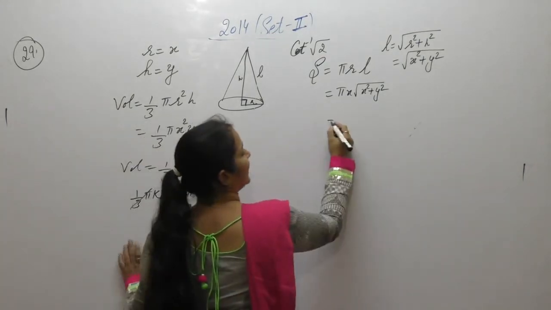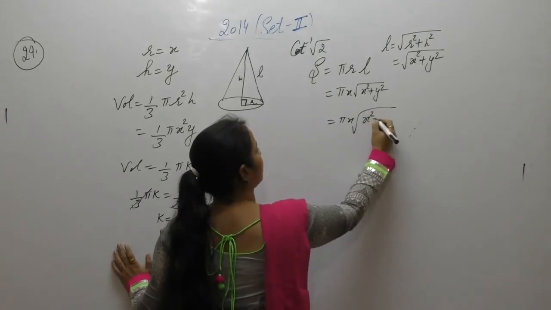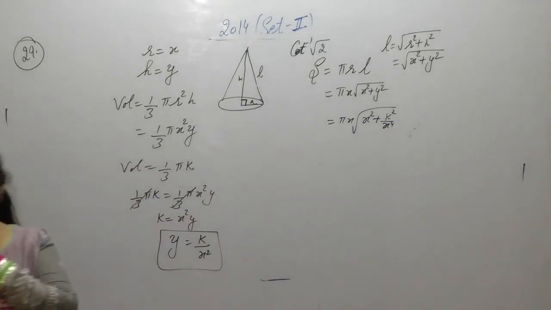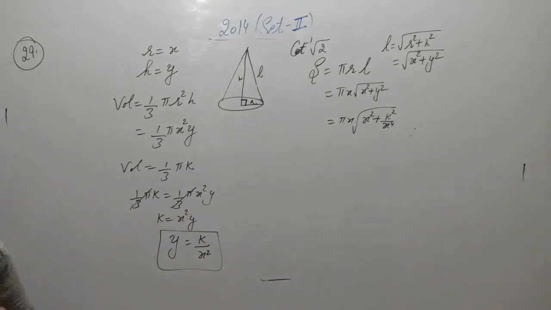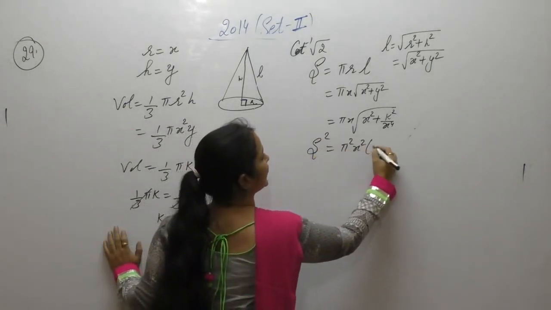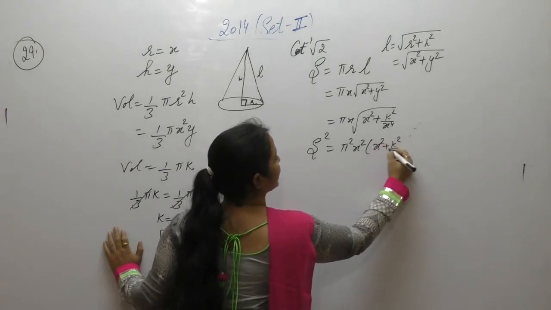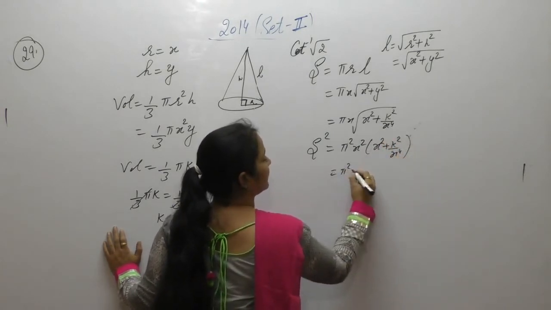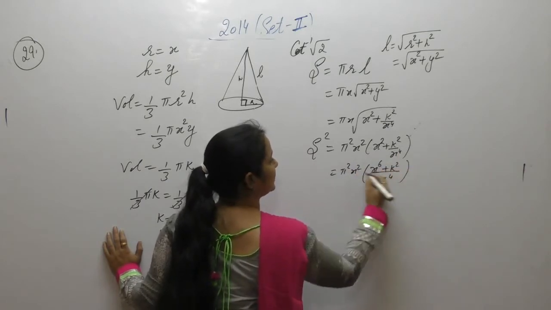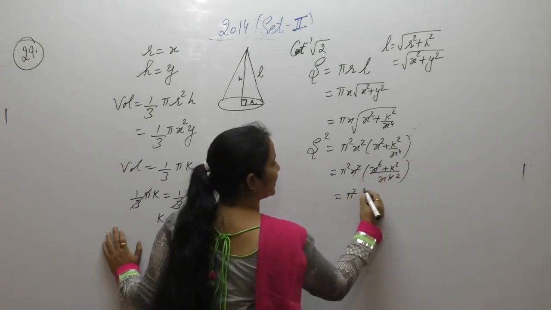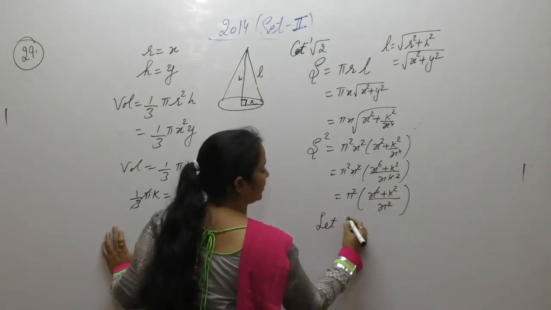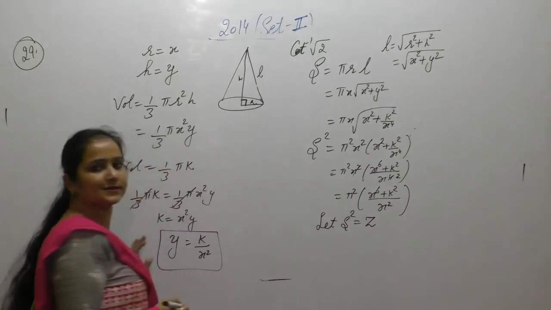Put the value of y here: square root of x square plus k square upon x4. Now squaring on both sides, we get S square equals pi square x square times x square plus k square upon x4, which is pi square times x6 plus k square upon x square. For simplification, let S square be z.